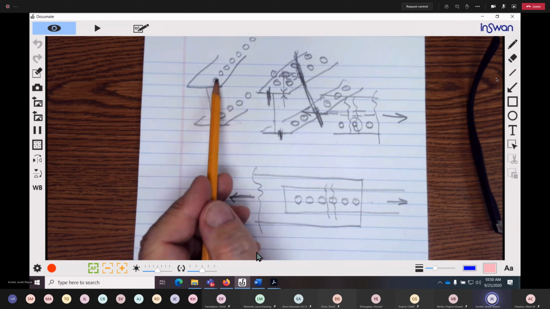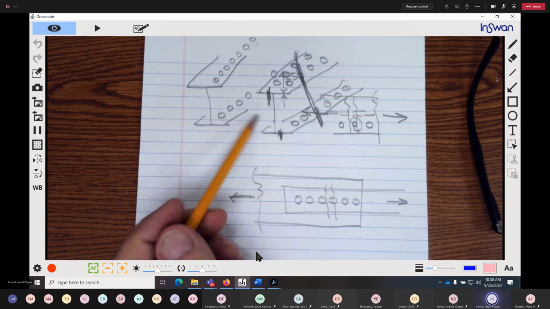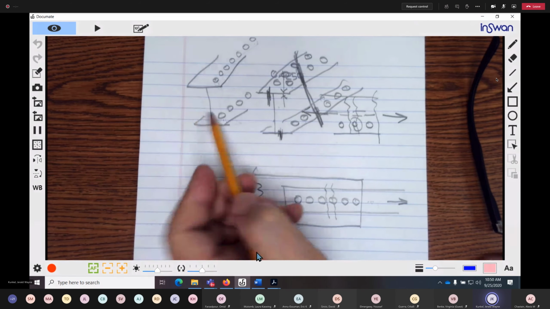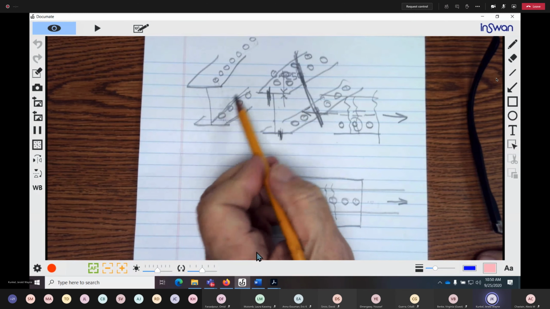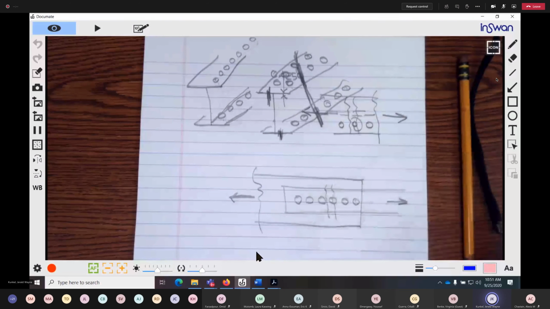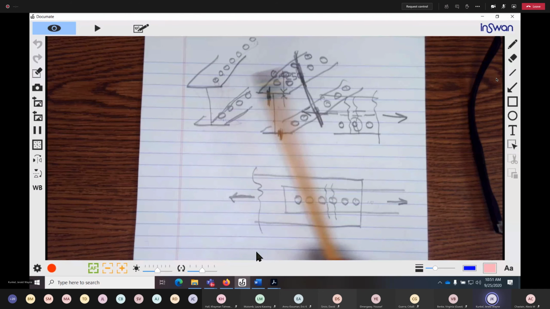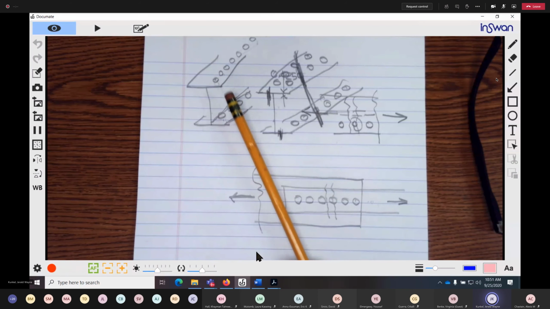But again, the number of holes in the line don't make any difference. What makes the difference is the line itself. So when the problem says 1 row in each flange, that means that you have 1 row in the top flange, 1 row in the bottom flange, which means you'll subtract out 2 holes in doing the net calculation.